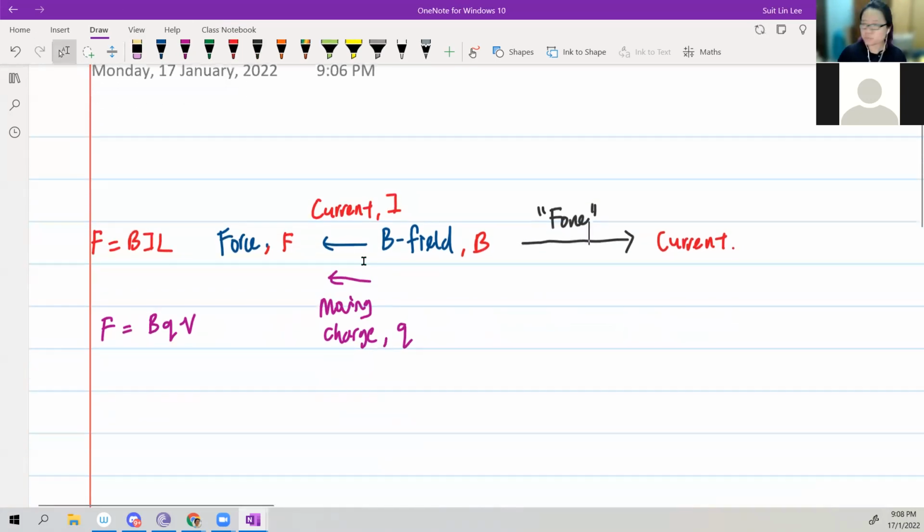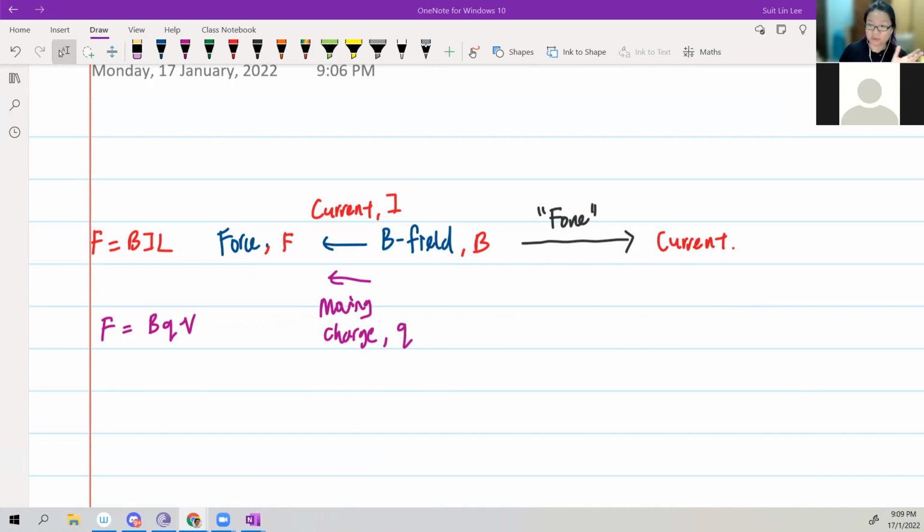Okay, so most of the time, when you think about induction, you would think about, I don't know whether your school teacher showed you the demonstration. I mean, my school teacher showed me last time. They take the coil and they move it in and out of the magnet, and then you can see, I guess, maybe if it's connected to the light bulb it will shine.